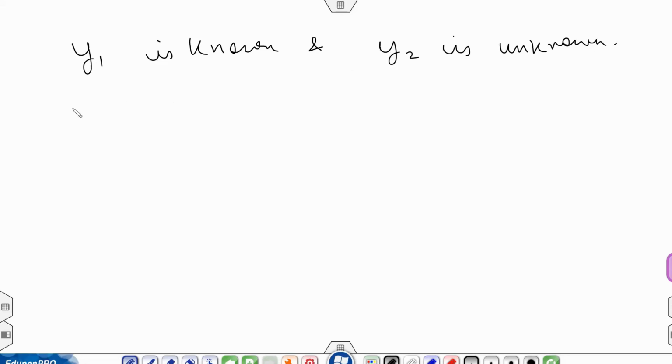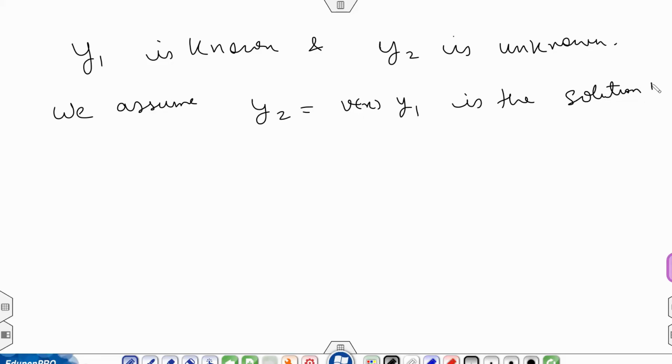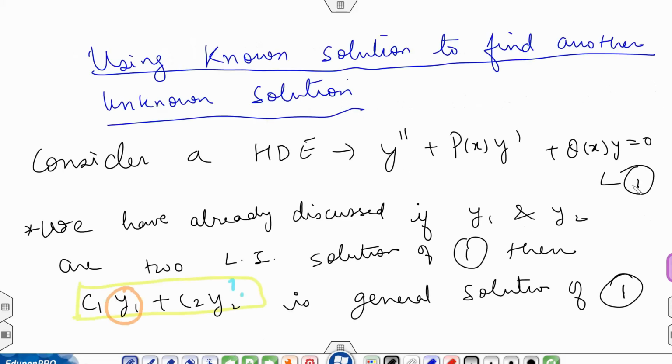So let us take one assumption: we assume that y2 is some function of y1. Let us assume that y2 is equal to some v(x) times y1, and that it is a solution of equation 1.